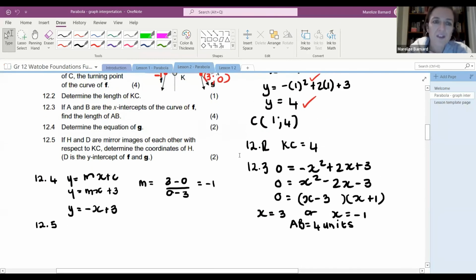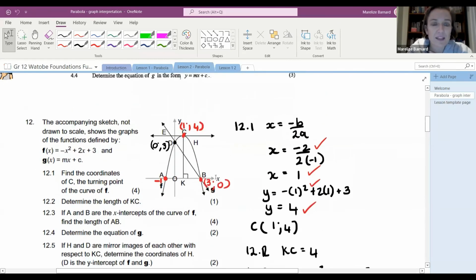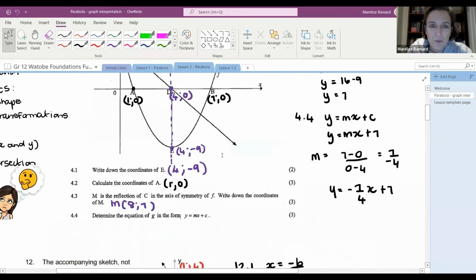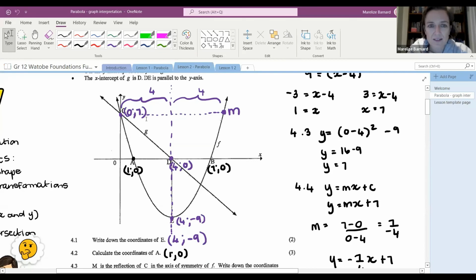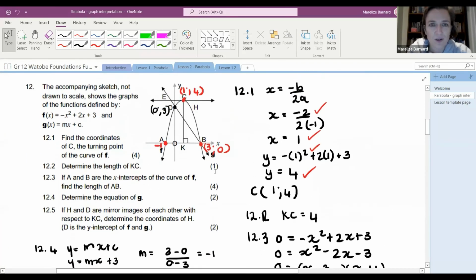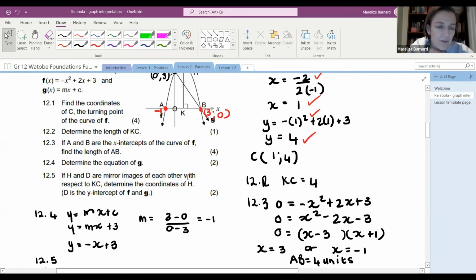Let's see if, for those of you who weren't quite sure about this question about the reflection, we can give this one another go. D and H are reflections, mirror images of each other with respect to KC.